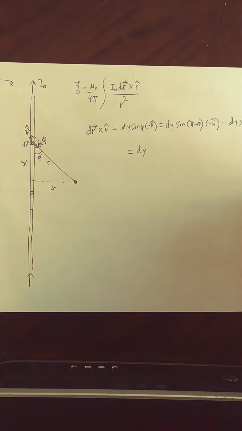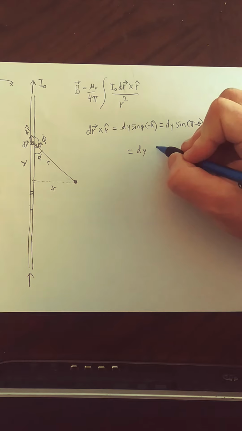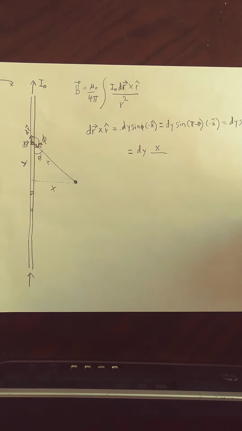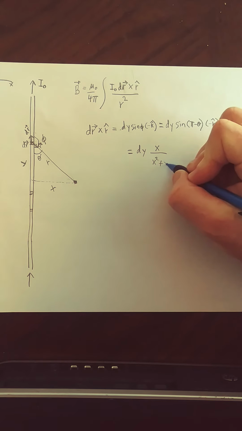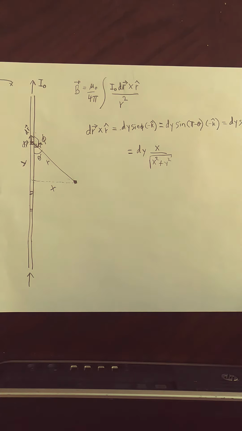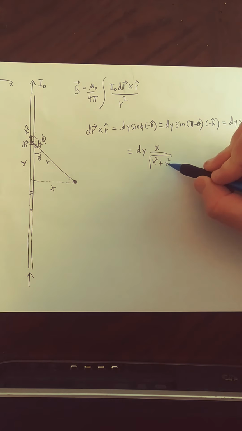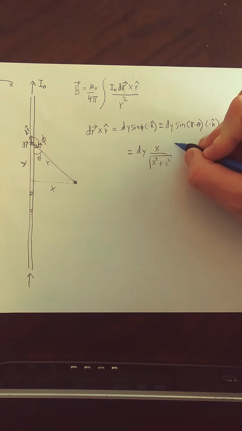So sine of theta is x over the square root of x squared plus y squared. Now we've written the sine of theta in terms of the variable of integration y, which we needed to do. And of course, we still have the minus k hat.